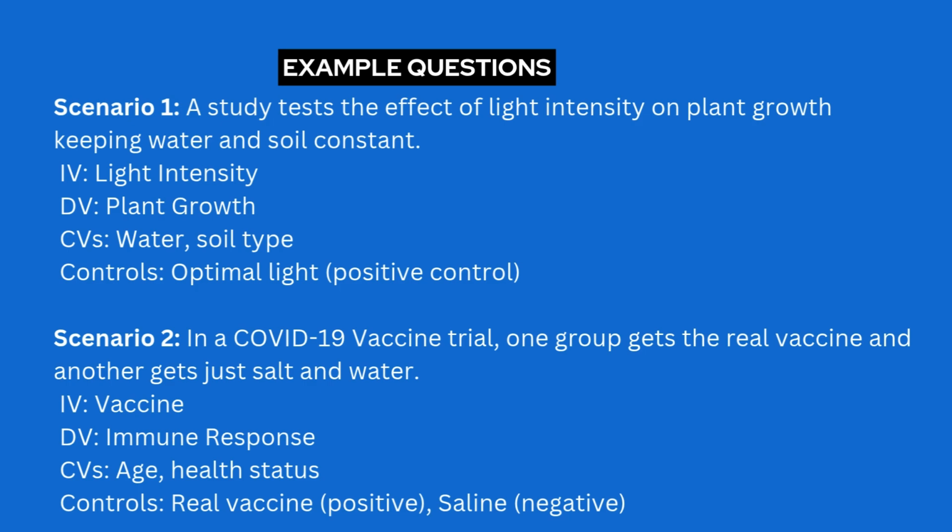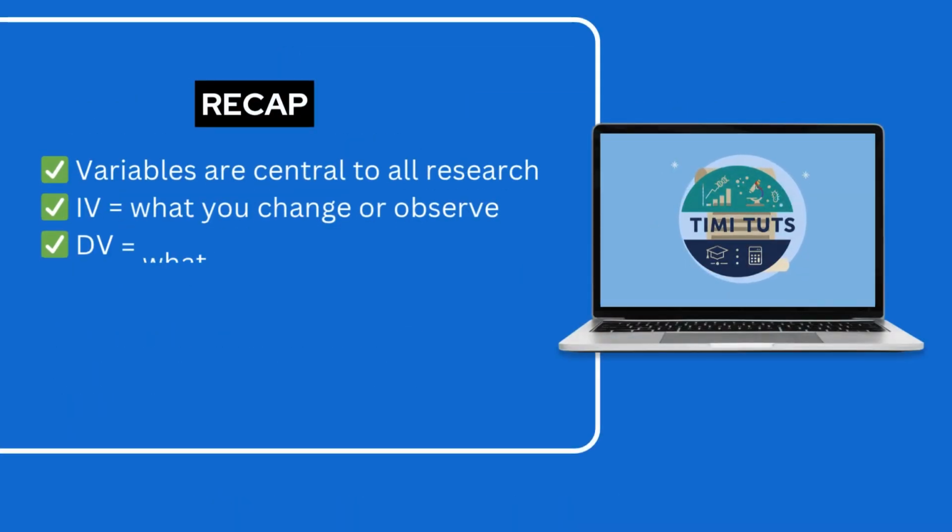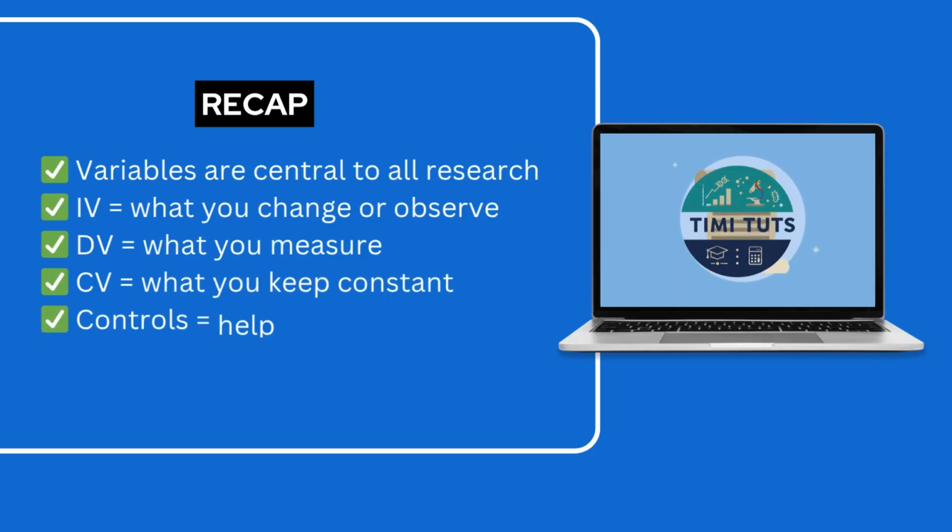And we can identify both positive and negative controls in this study. Our positive control will be the real vaccine group, while our negative control will be salt and water. This example just shows how researchers test real-world problems while keeping their experiment clean and trustworthy.